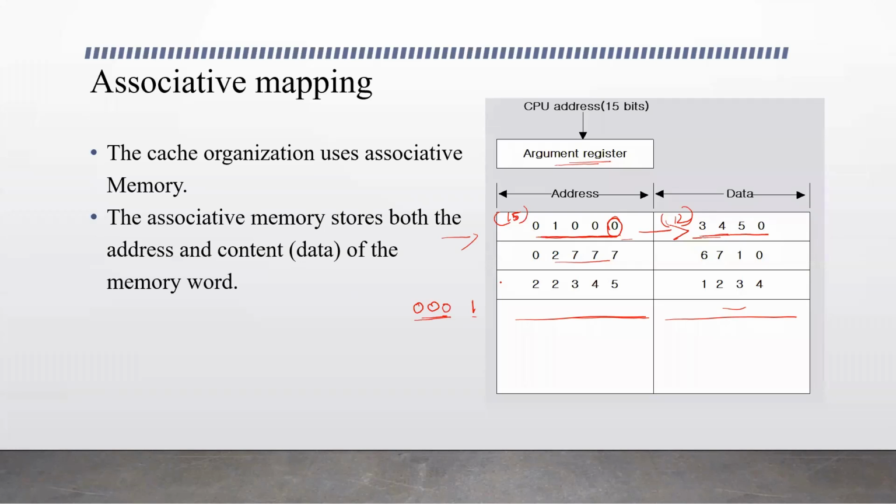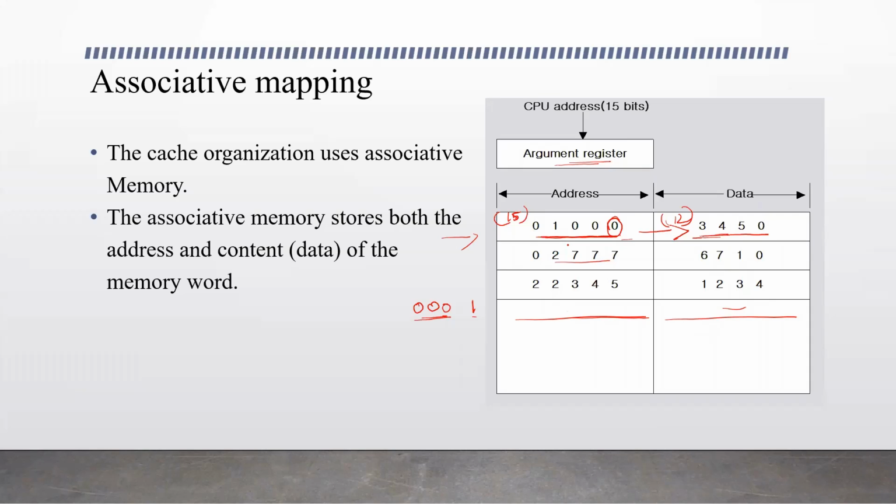In associative mapping, the cache organization uses associative memory, and each memory word stores the address bits and the data bits. When the CPU wants to search for particular data, it places the address in the argument register, and that address is compared with the address bits in the cache associative memory.